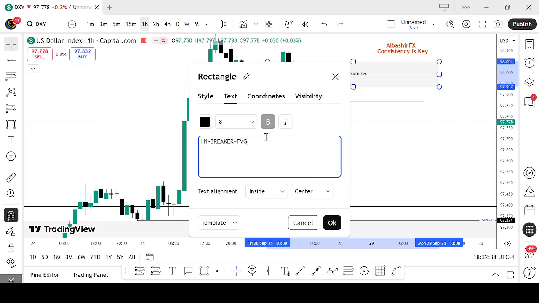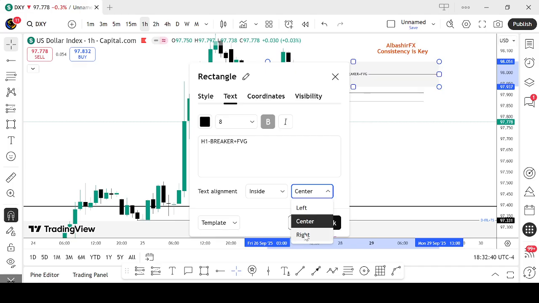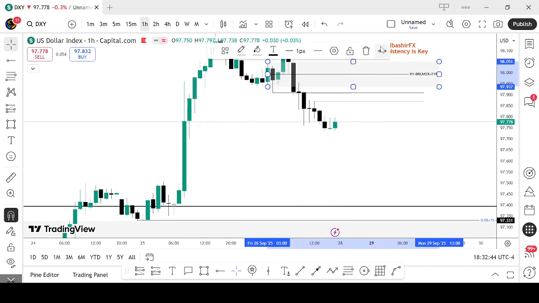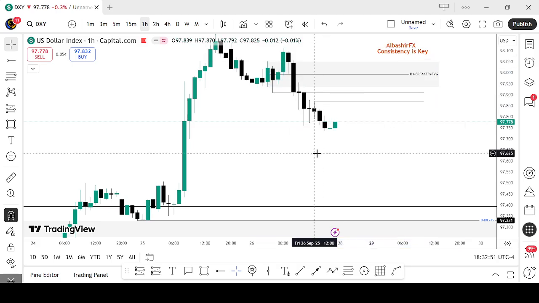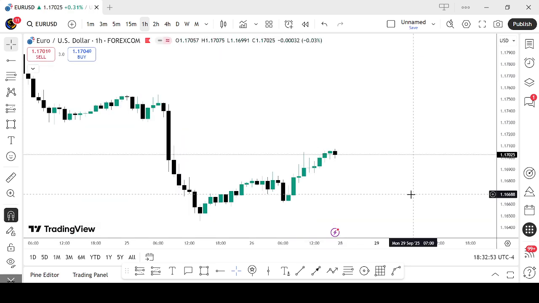So now we're going to just keep this on our chart and look how price reacts to this area going into next week. So let's go to our Euro US dollar.